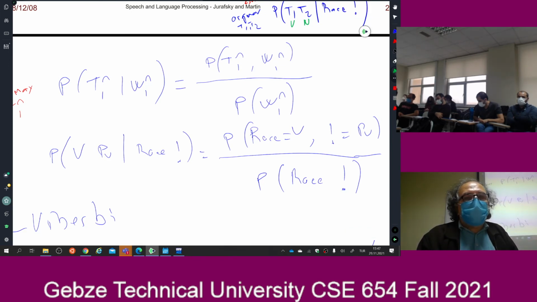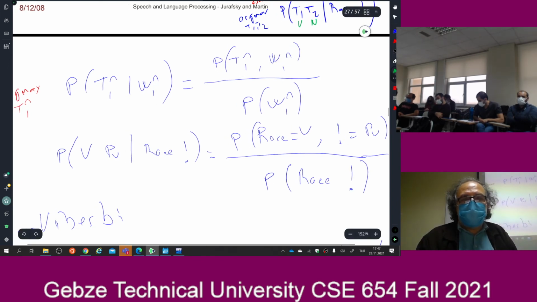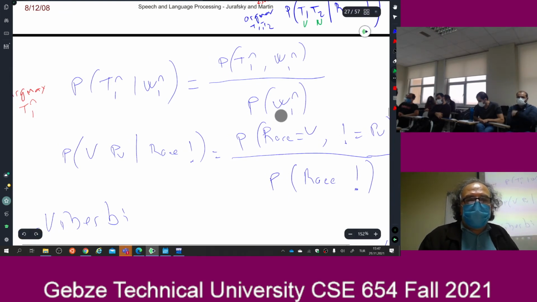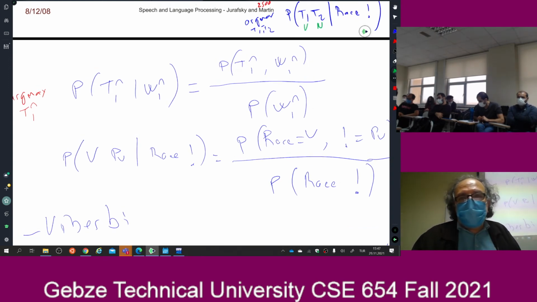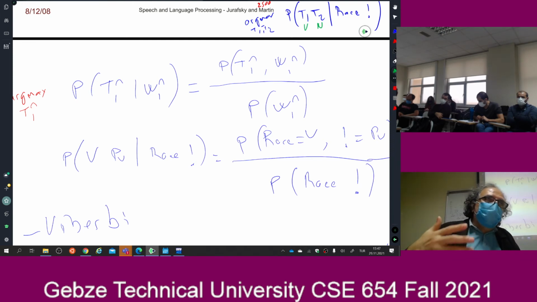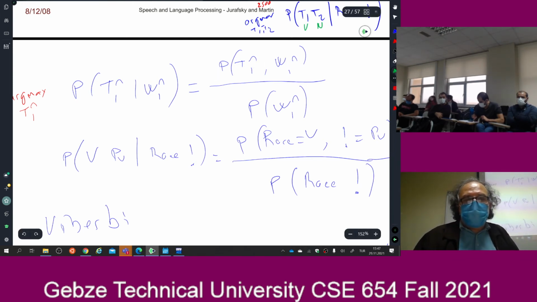Find how many times these tags and these words come together and divide by the probability of these words. Maybe I can calculate using the n-grams, but finding this is not that easy, because even if you use all the printed text in Turkish or in English, you will not find it. And furthermore, you want them in a marked way, so you will not find it.